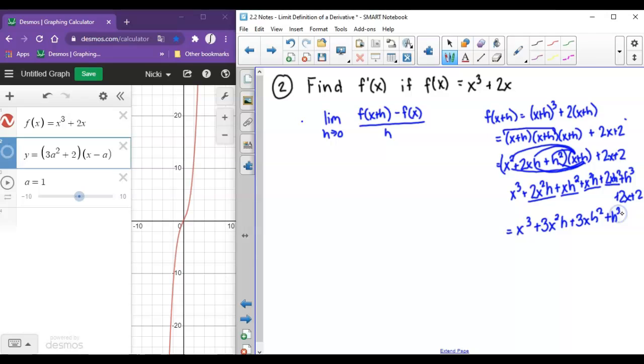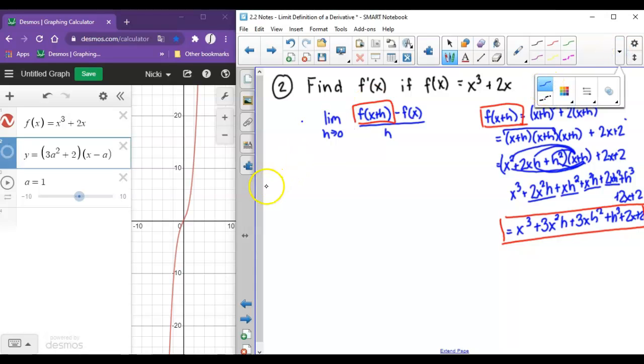So h to the third plus 2x plus 2. And so all of this stuff we just found, this is f of x plus h. So it gets really long here. You're going to need a lot of room on your paper for these problems.